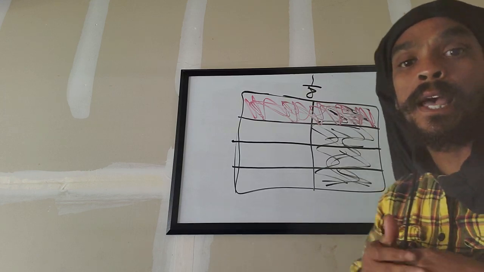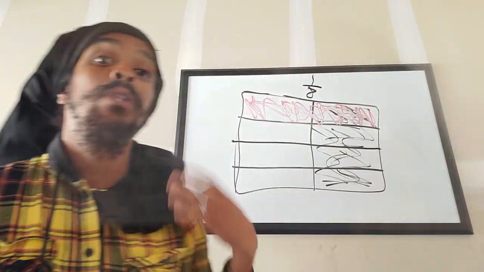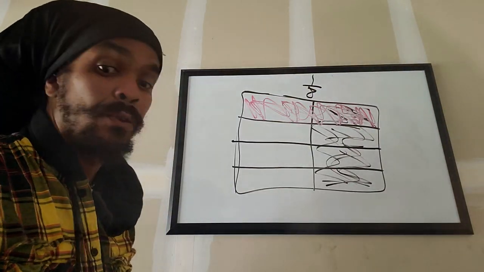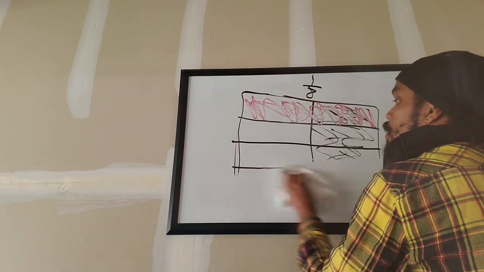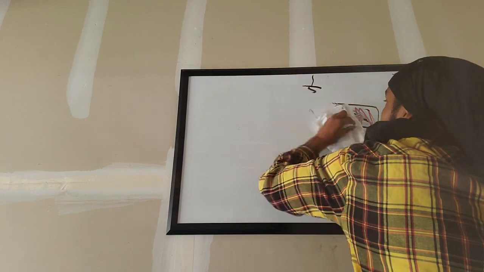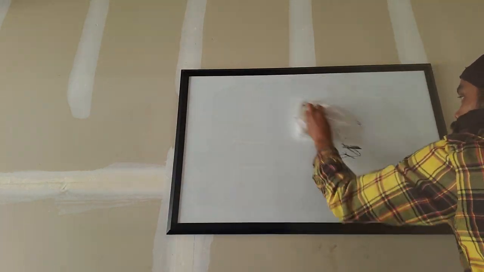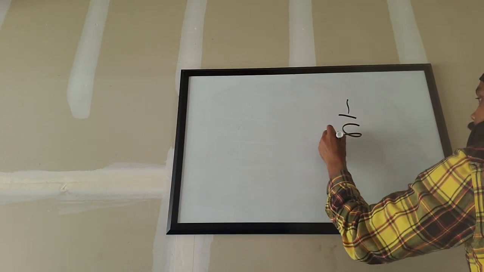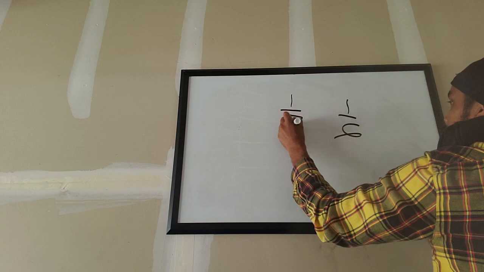All right, and now the next thing, like the last problem, I would like you to devise and answer a multiplication expression answering this problem. Okay, so we did it with our visual area model. Now let's just do it straight up like paper wise, you know. So we got our numbers, 1/2 and 1/4.